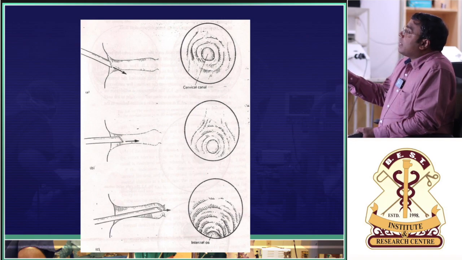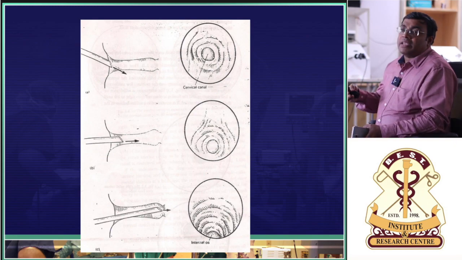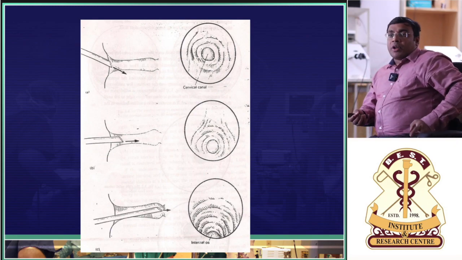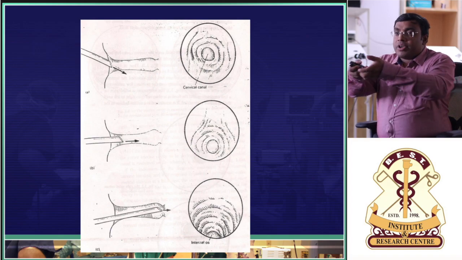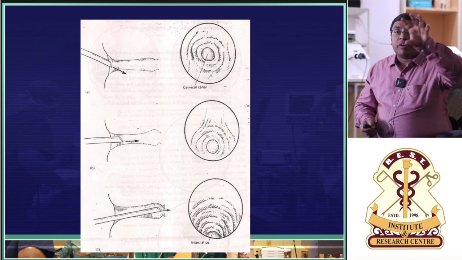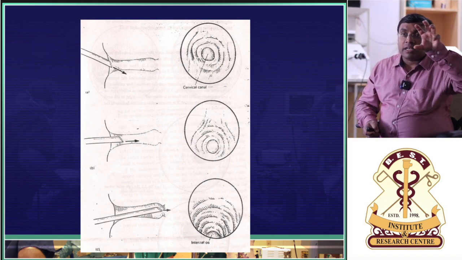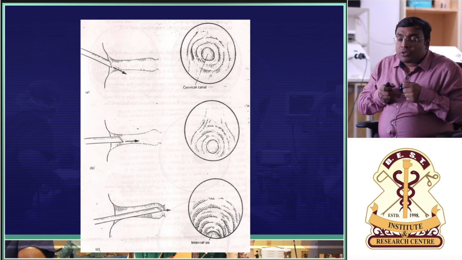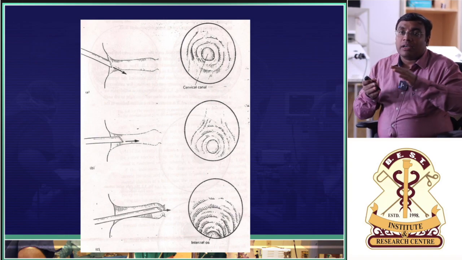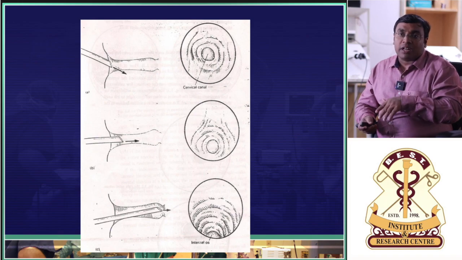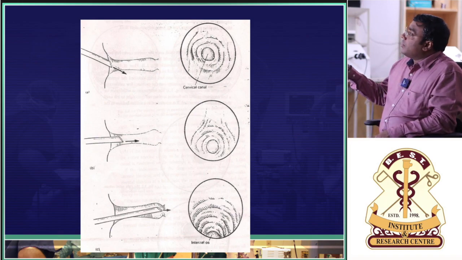Here the cervical canal is in the middle. So if you see, basically what you are doing, you are seeing the monitor and going straight, thinking that if I get the cervical canal in the center of the monitor, then my telescope is going correctly and I will not injure the anterior or the posterior. But when you actually do this, the hysteroscope will be in a downward direction.